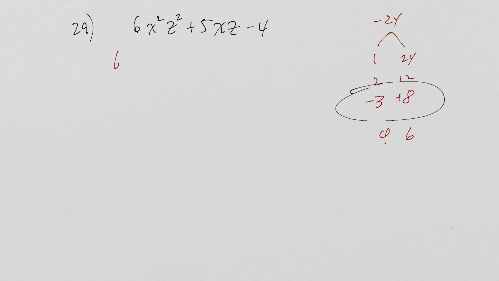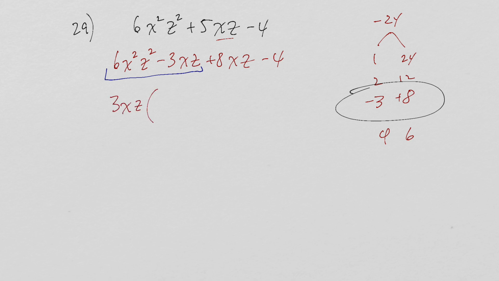So I'll write this as 6x squared z squared minus 3xz plus 8xz minus 4. Grouping these two together, I can factor out a 3xz. And that leaves behind a 2xz minus 1.